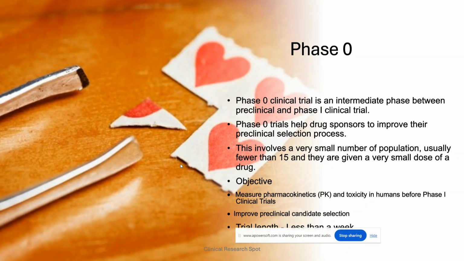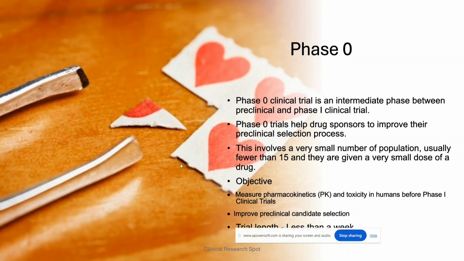In this study, a very small number of subjects, that is healthy volunteers, participate, usually fewer than 15. To these subjects, only a microdose of the drug is provided, for only a short time, less than a week.